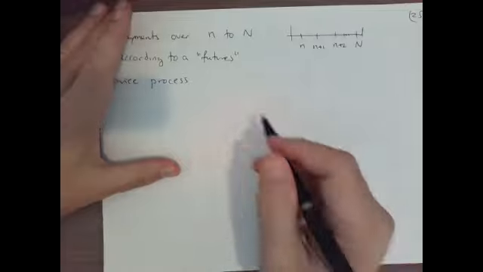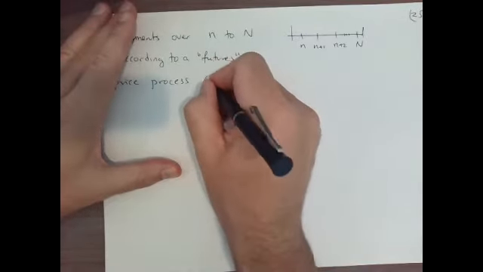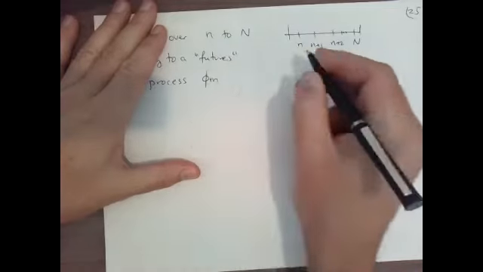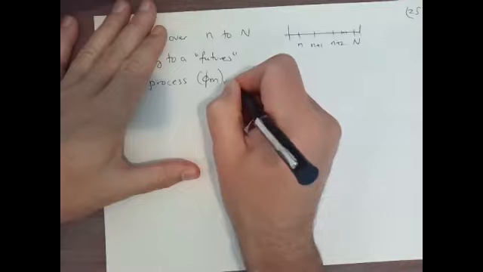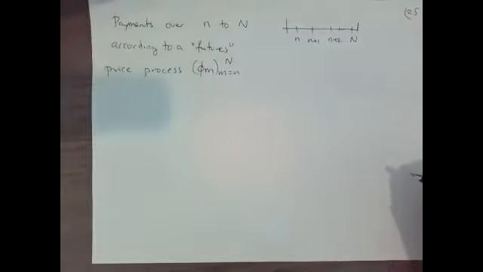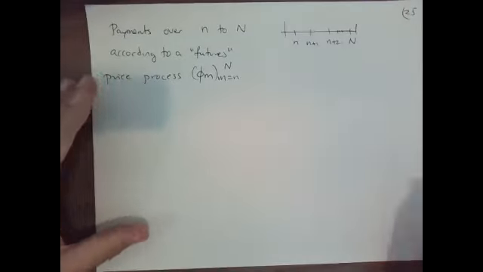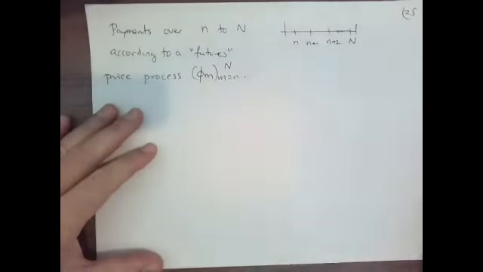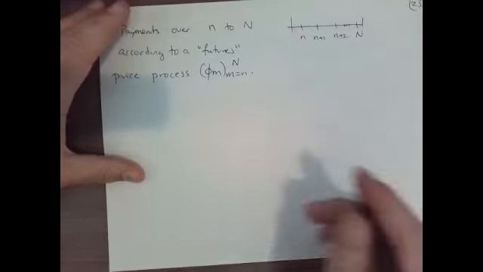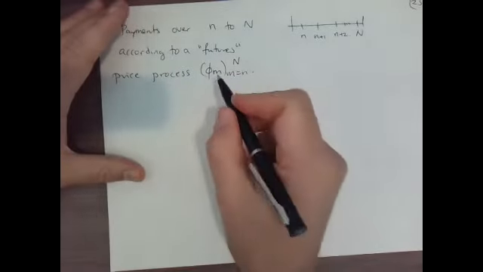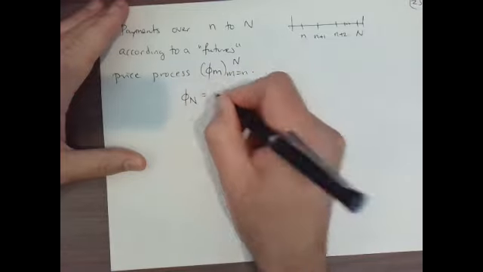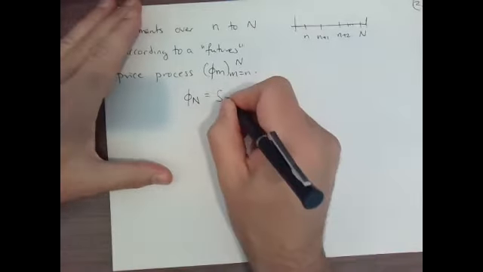And this price process, I'll denote it by phi. We're going to have these payment dates. We're going to start out here at n, and we're going to run all the way up to capital N. So we're going to create this process. And how are we going to create it? Well, we're going to start. It's going to be pinned down at the end, phi of capital N, and this is simply just going to be Sn.